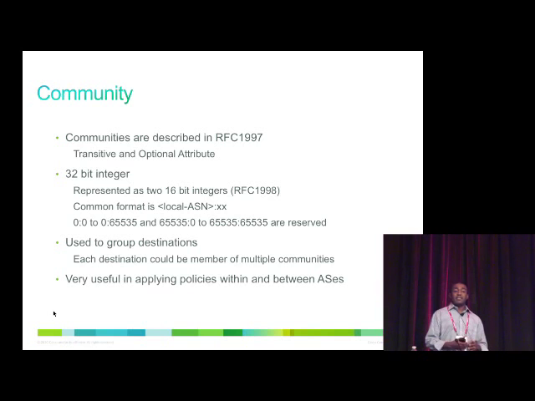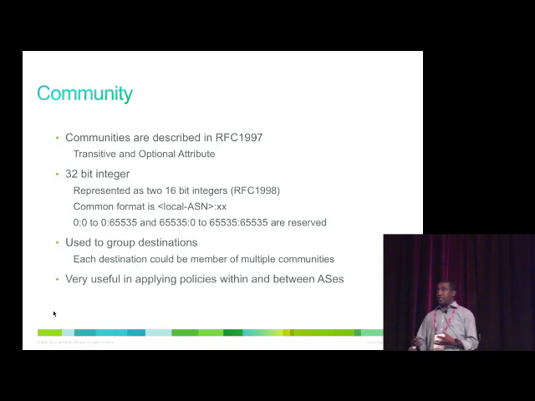It is usually specified in a colon format where the first part is the local autonomous system number, but it can be anything, though usually it's used with the local autonomous system number. And the second part identifies the class or the community to which a prefix belongs. A prefix can belong to one or more communities, or it may not have any community at all.